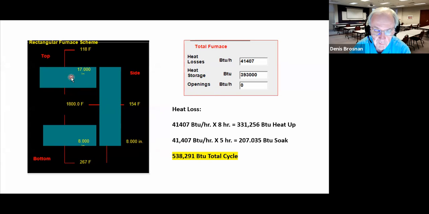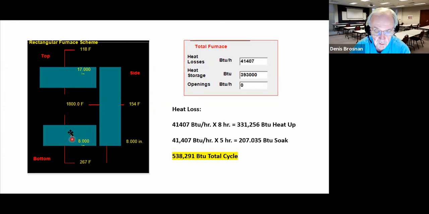But typically, we're going to have more insulation at the top. We remember that heat rises, and so we're going to typically have more heat loss in the top of a furnace. And because of that, the manufacturers are going to increase the thickness of the insulation. Of course, I told you I ran the model at 1800 degrees Fahrenheit instead of 2000. So if you repeat this calculation at 2000, your diagram will show that number right here.